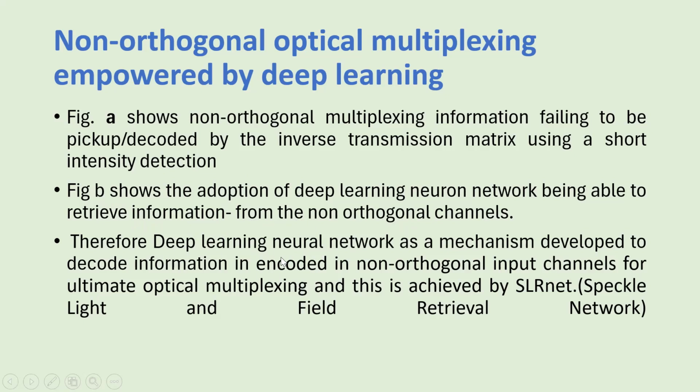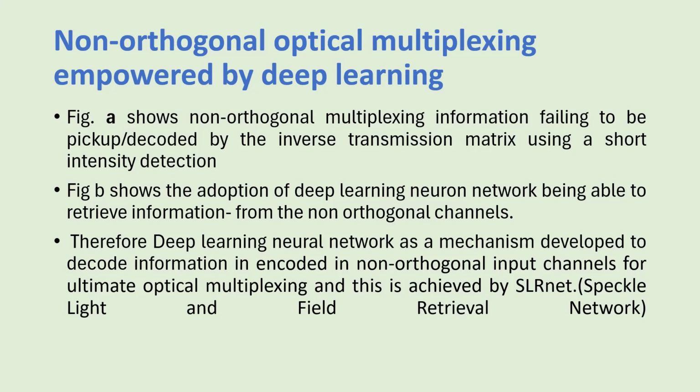Therefore, a deep learning neural network mechanism was developed to decode information, because when it is moving after the multiplexing, the light fields of the non-orthogonal characteristic come with the encoded information. That encoded information has to be decoded by the neural network.